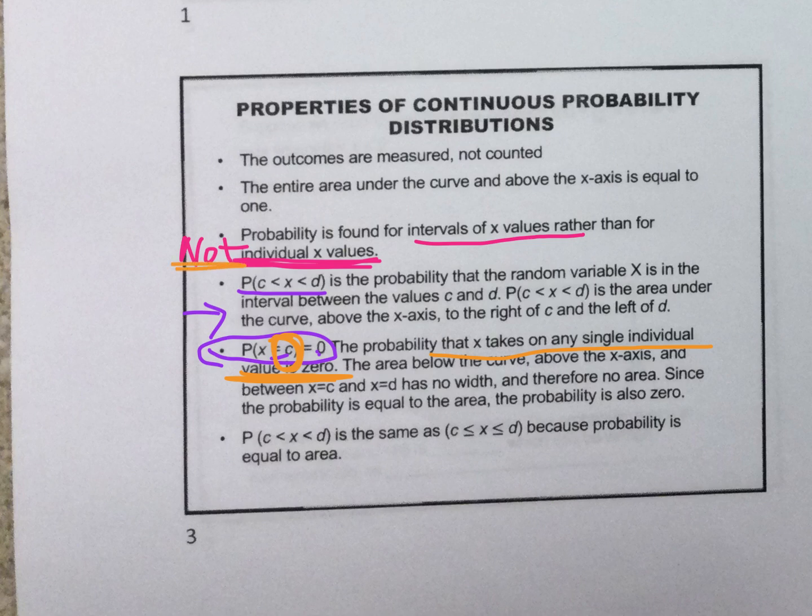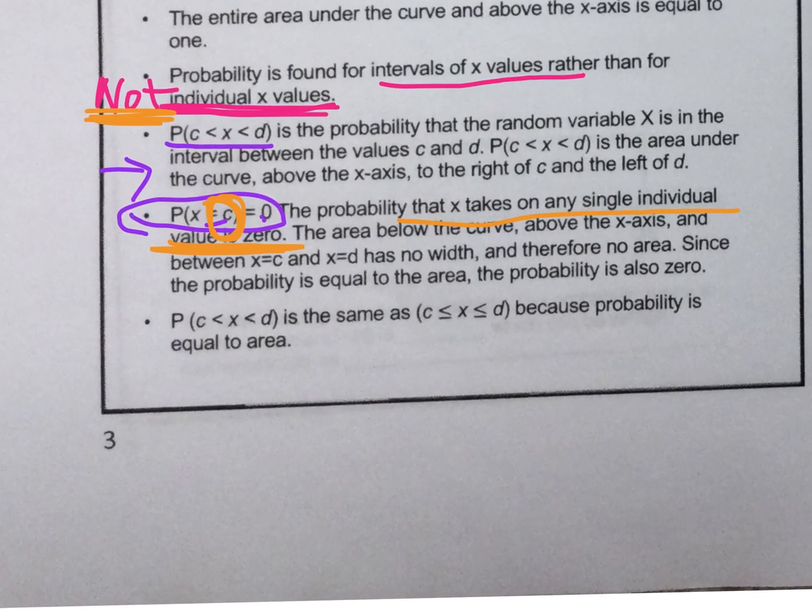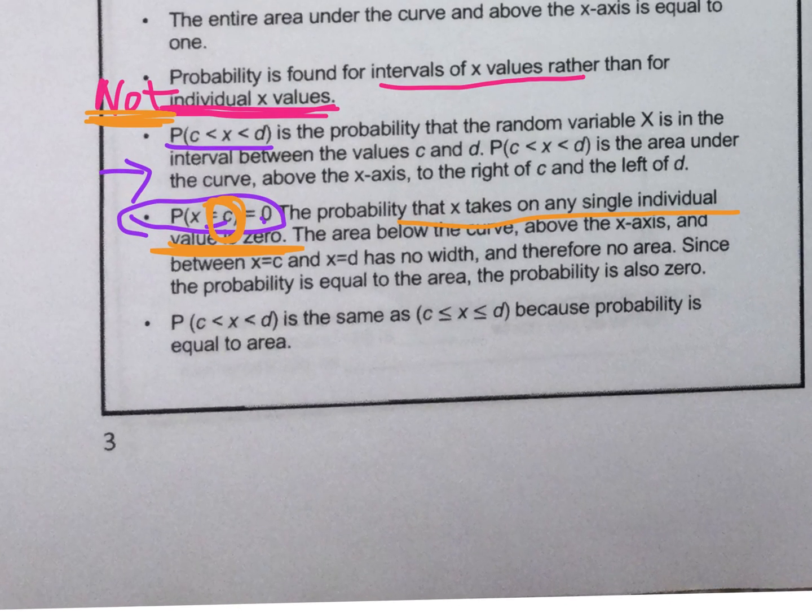Again, we're not finding individual x values in this section. We're finding intervals. The area below the curve, above the x-axis, and between C and D has no width, therefore no area. Since the probability is equal to the area, the probability is also 0.